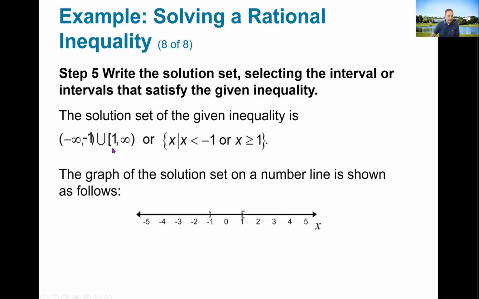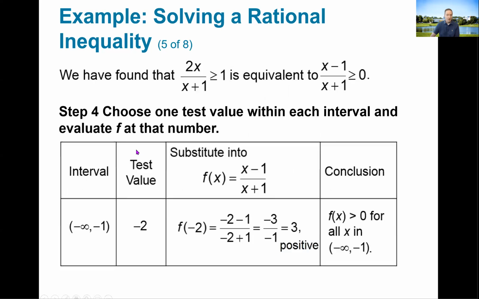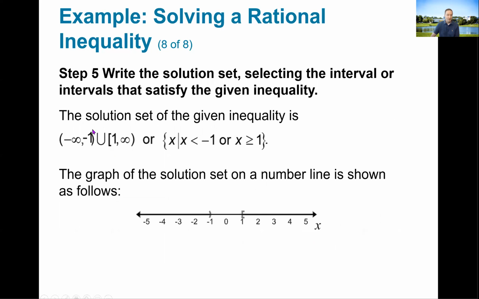And that bracket there needs to make sense to you, because when x is equal to 1, your function is equal to 0. That's okay. -1 is not included because at the boundary point -1, your function does not exist. That's why there's parentheses around -1, brackets around +1.